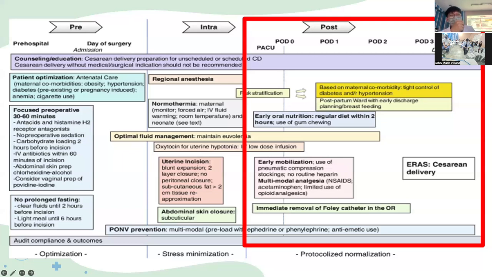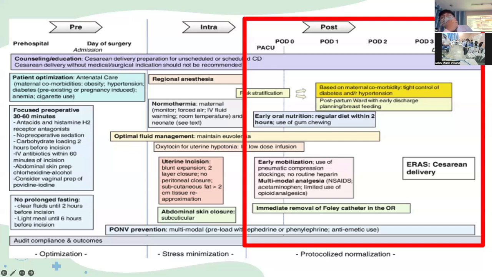Ay, yes po. Wala. Wala tulog sa amin. Kasi yung part ng anesthesia part, hindi tayo stop.